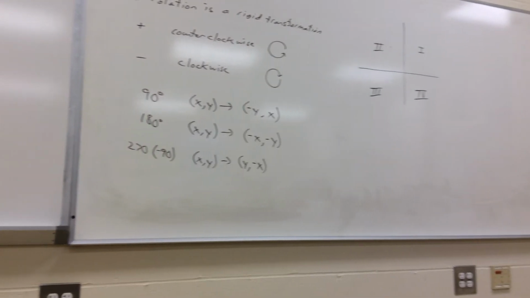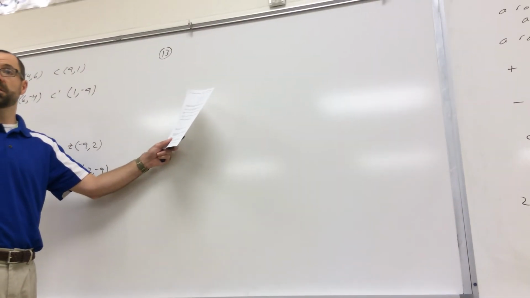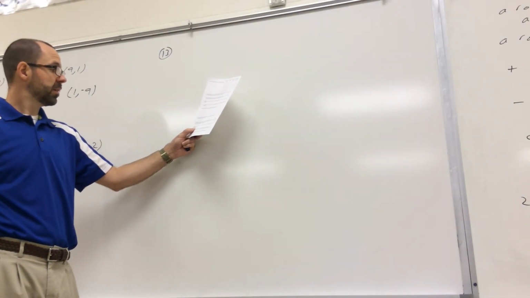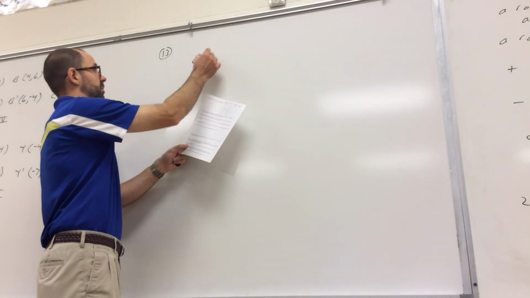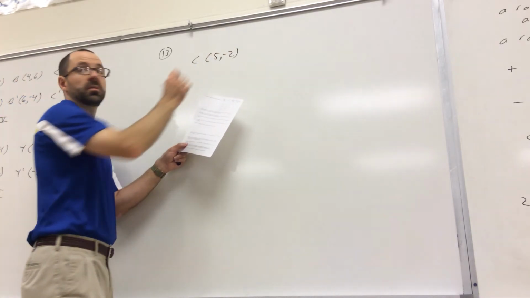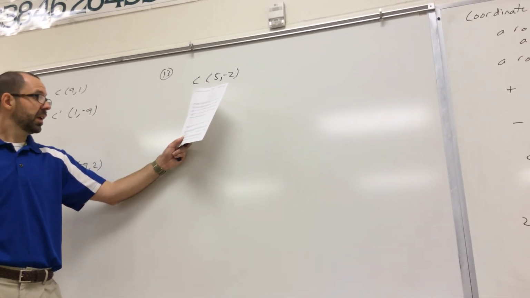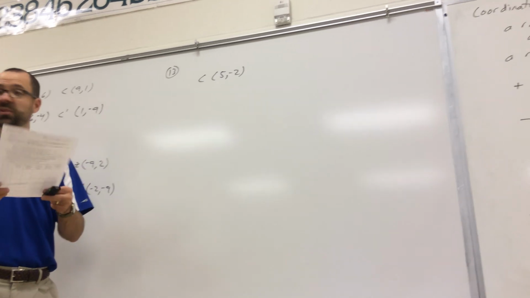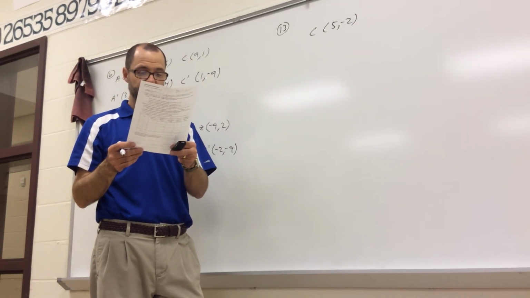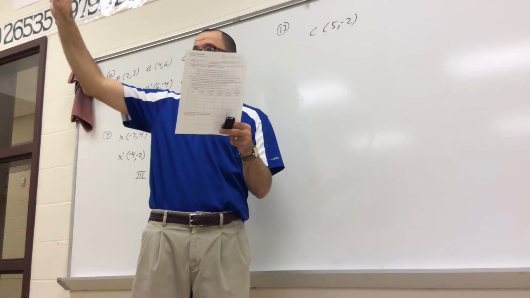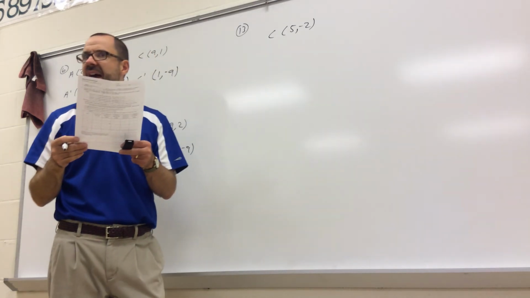Okay, one more I'm going to help you with. This is number 13. The original point is 5, -2. And this time we've got a translation. So it's translated, so this is back to just sliding it. So what's happening to the x?